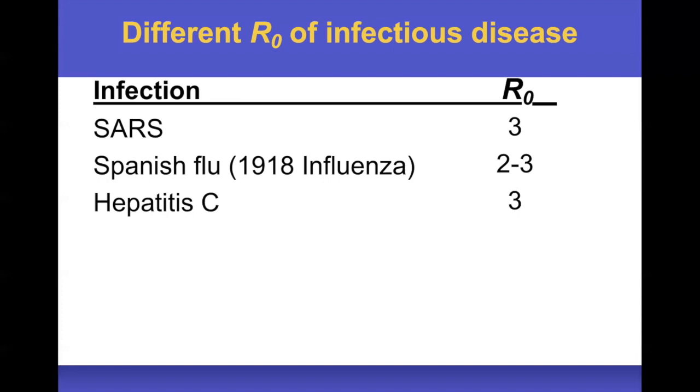You can have very close and intimate contact without getting hepatitis C. But still, the R naught is 3. Does anybody have an idea? Daphne, you're the microbiologist. What do you think about hepatitis C? Why? Did I make a mistake? No, I didn't. Why not?